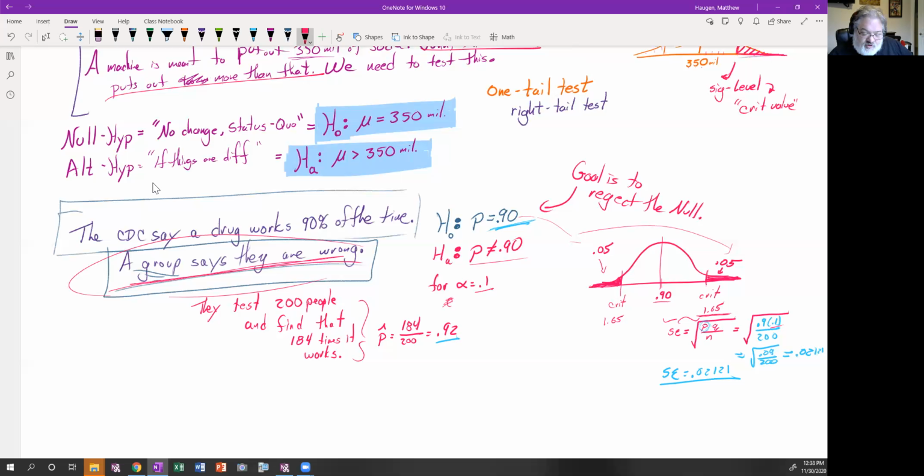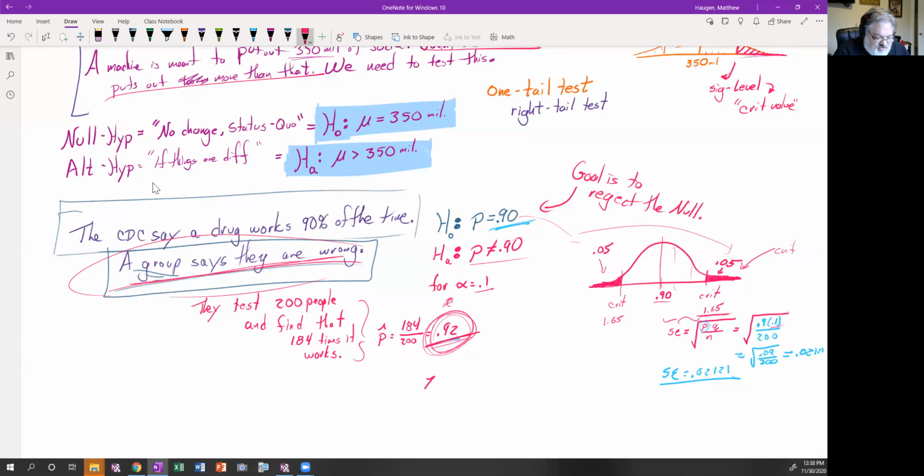So that means to be in this critical range, the critical range is the range outside, either above or below, and we're above here, so we'd be targeting this upper range. We have to be more than 1.65 standard errors out. Fair? Well, how many standard errors out is the 0.92?